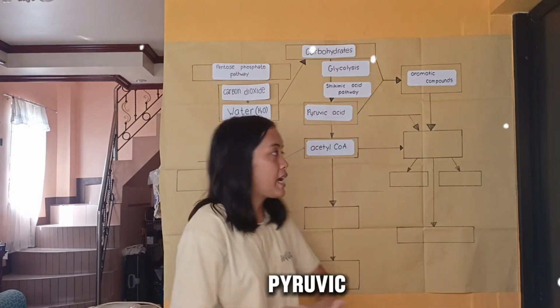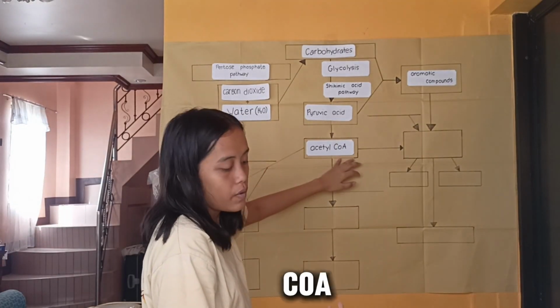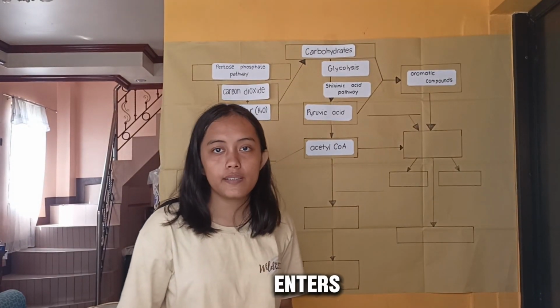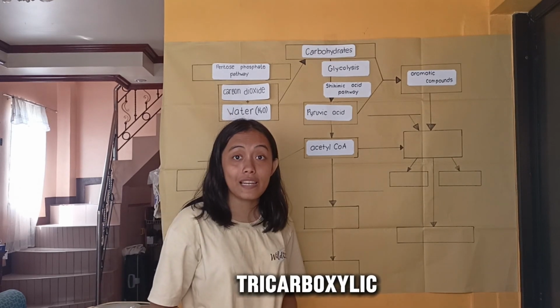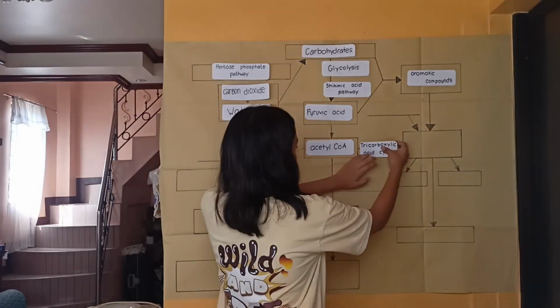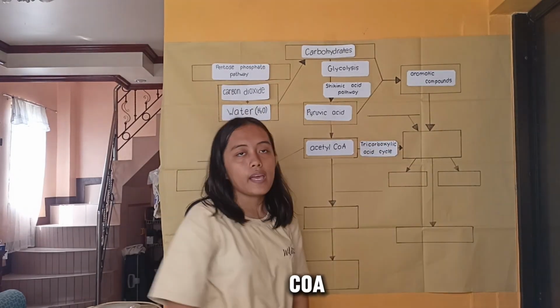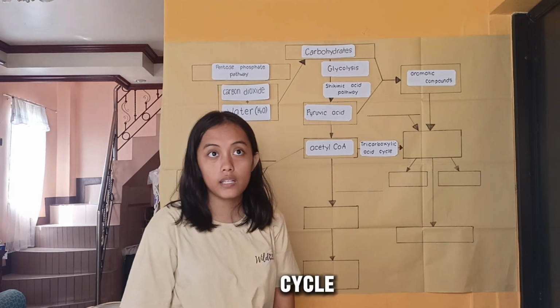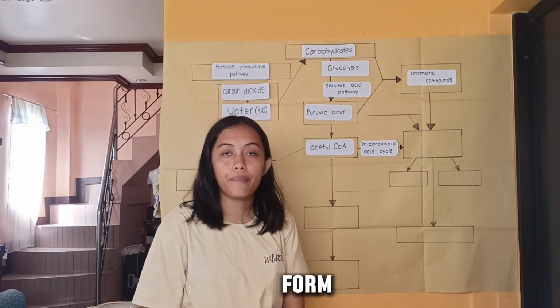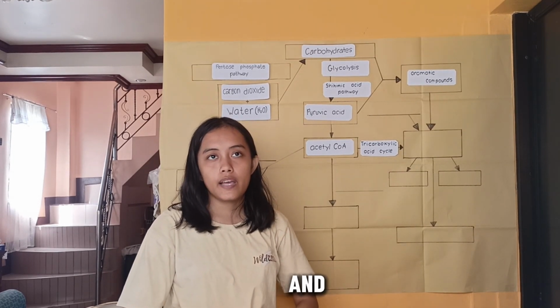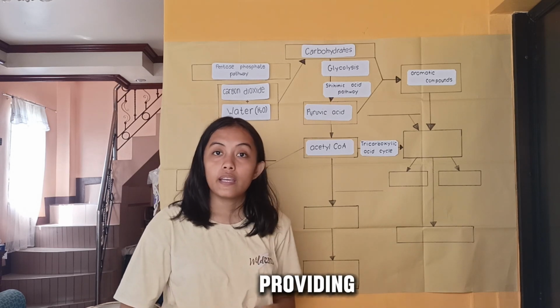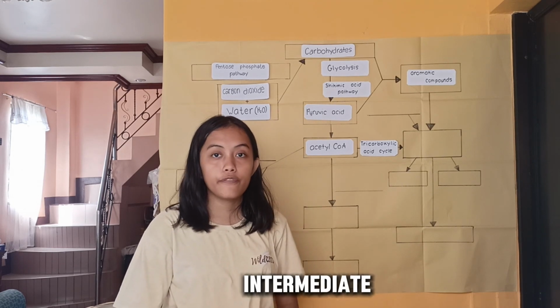After pyruvic acid is converted into acetyl-CoA, acetyl-CoA enters the TCA cycle, or the tricarboxylic acid cycle. As acetyl-CoA enters the cycle, it is oxidized to form ATP, NADH, and FADH2, providing energy and intermediates for biosynthesis.